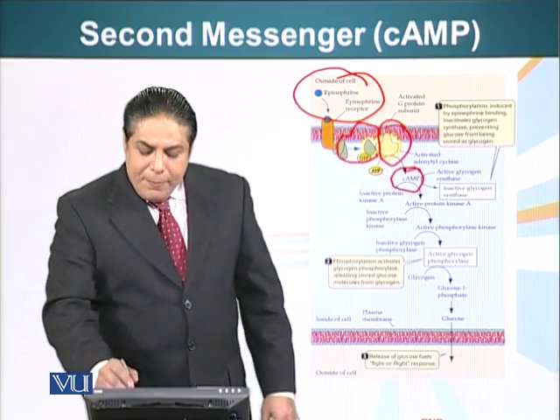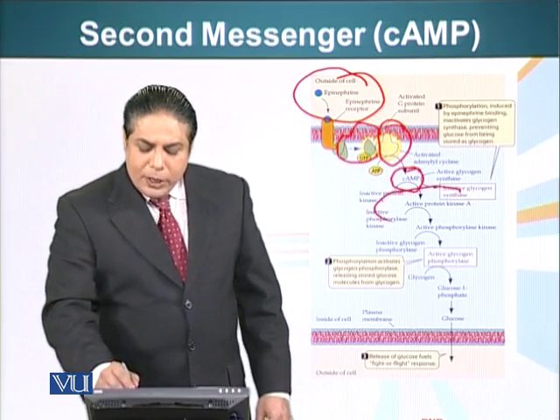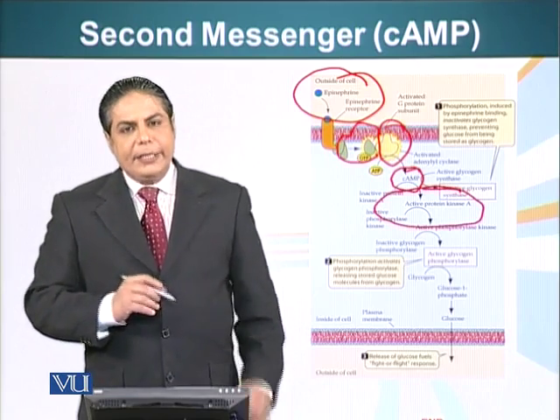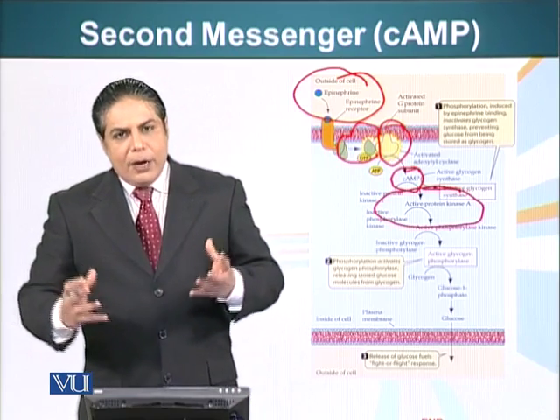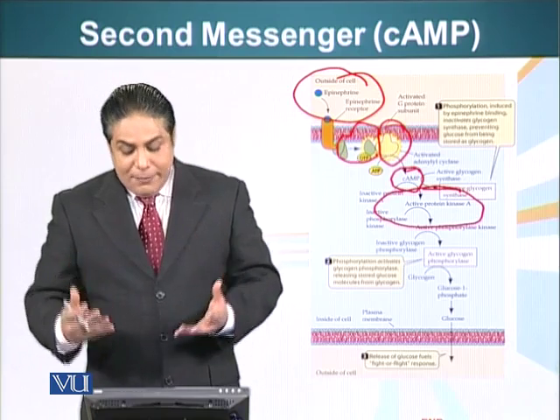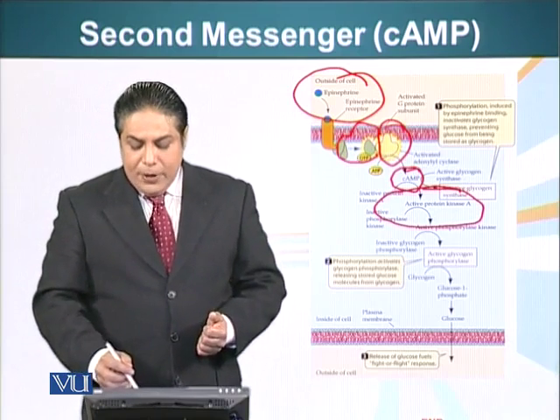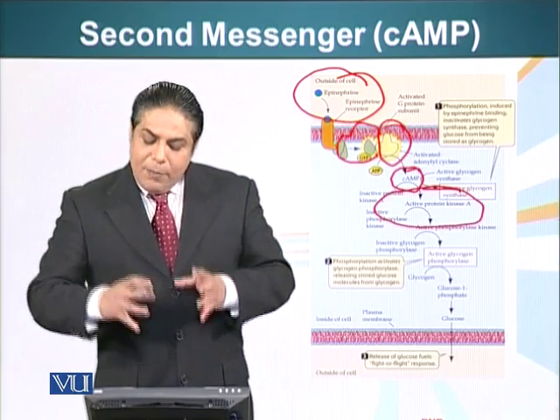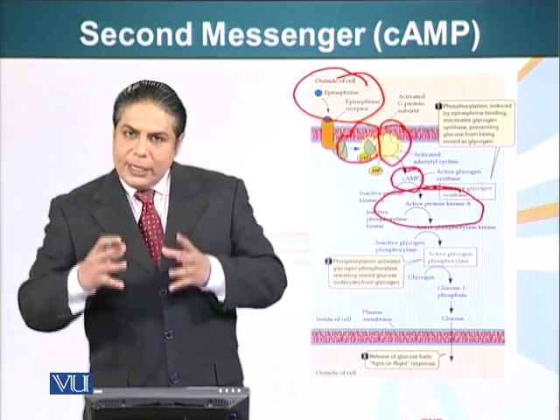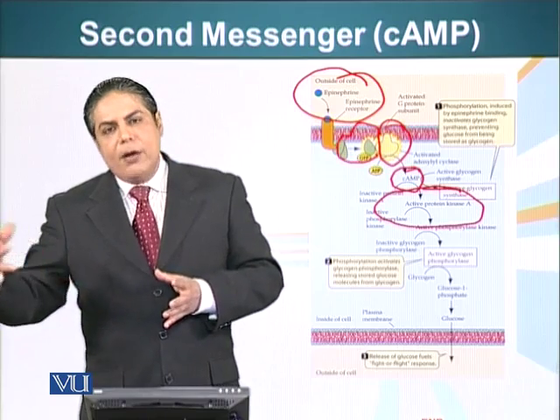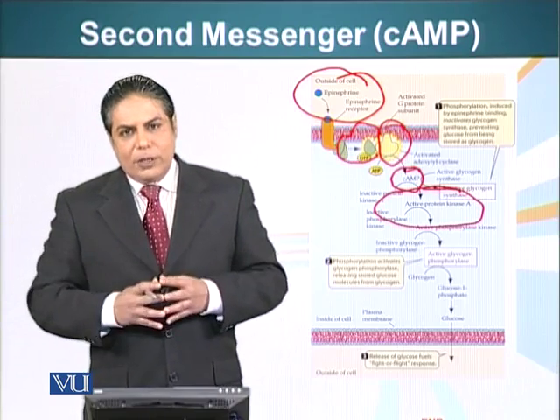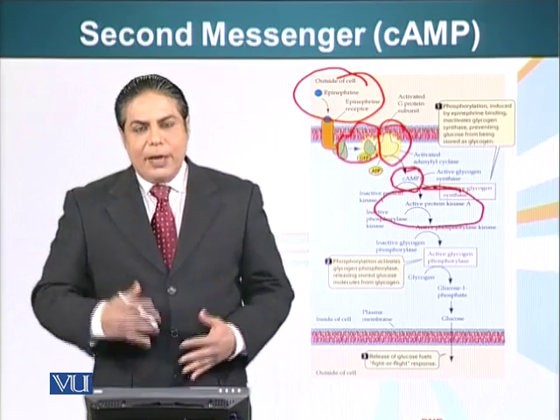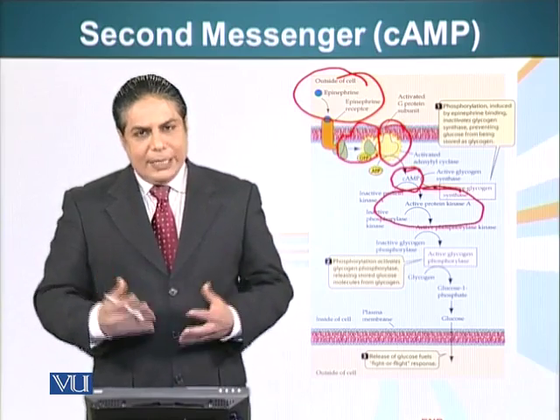The cyclic AMP bound to the regulatory subunits of protein kinase A. The complex fell apart. The catalytic subunits were activated. These catalytic subunits then phosphorylated proteins, enzymes that resulted in release of glucose from the glycogen. So this is a beautiful system, an example of how G protein linked receptors work.